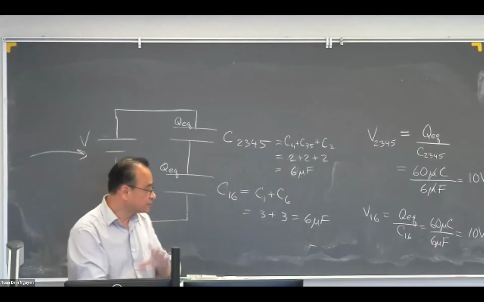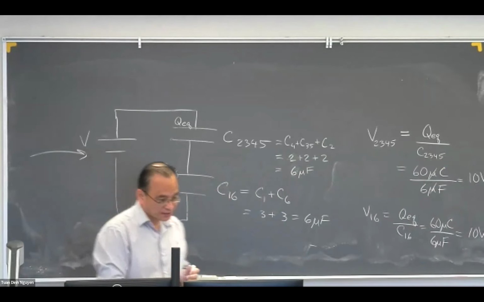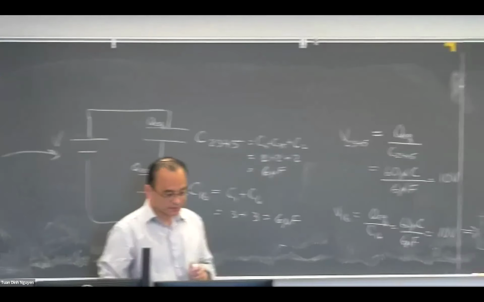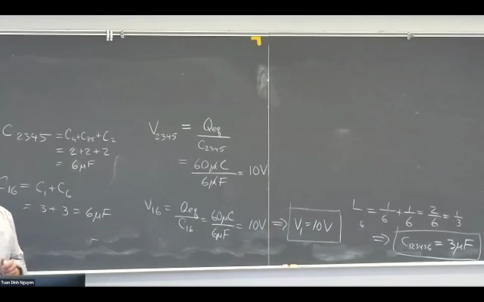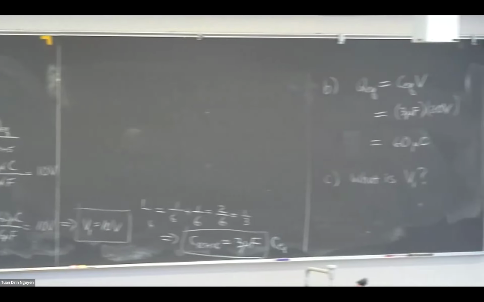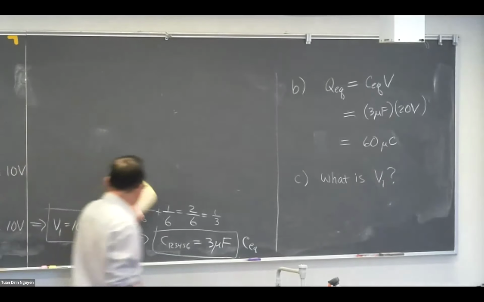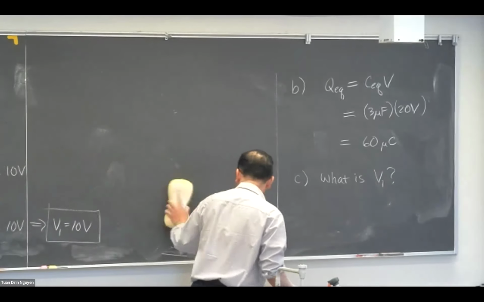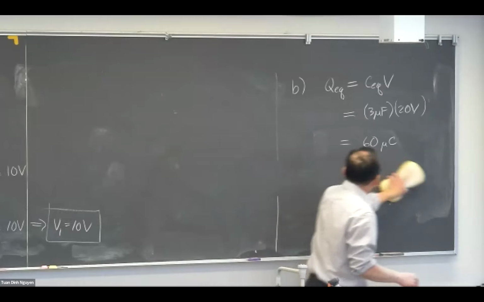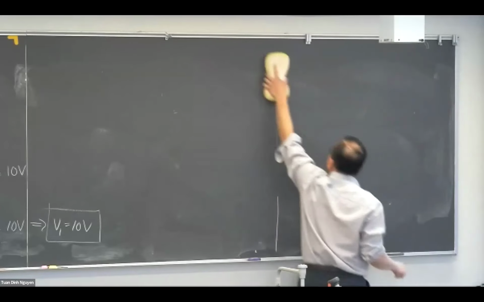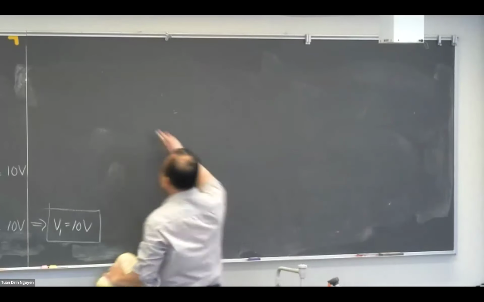So this is like a little puzzle. It starts giving you a bunch of answers. Because the next one is, what is the charge on C1? Well, this is super easy. If you know the voltage and the capacitance, then you know the charge.